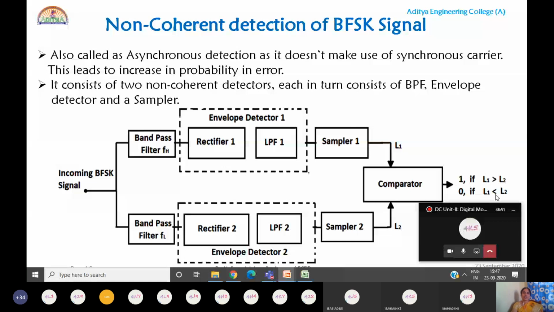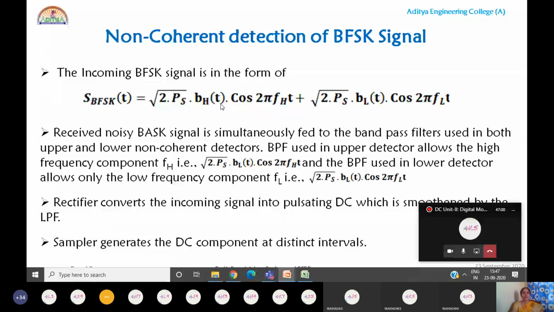You can see the general expression for BFSK. Already you know the FSK signal general form. It is root 2Ps into BH of t into cos 2 pi FHT plus root 2Ps into BL of t into cos 2 pi FLT. Once the whole signal is applied to the non-coherent detection, we have two bandpass filters.